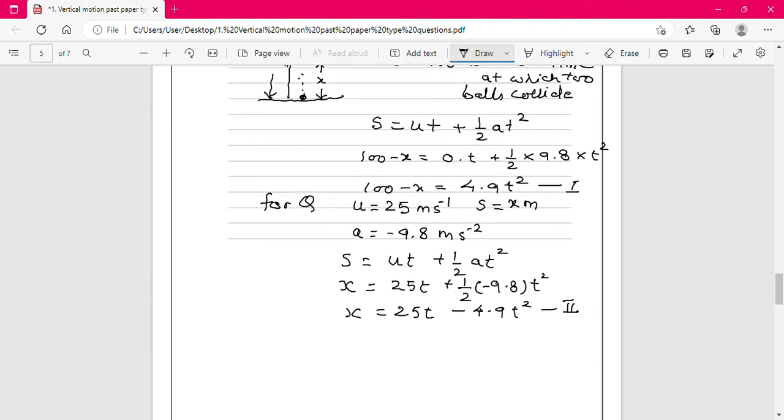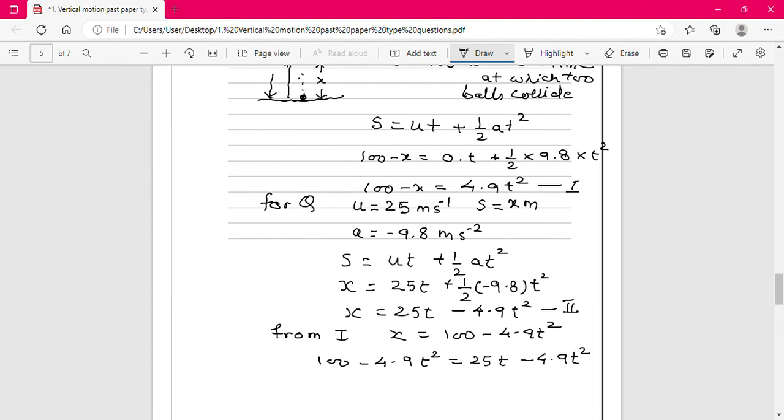So from equation 1, we can write x as 100 minus 4.9 t square. Now this x you put in equation 2. So 100 minus 4.9 t square is equal to 25t minus 4.9 t square.